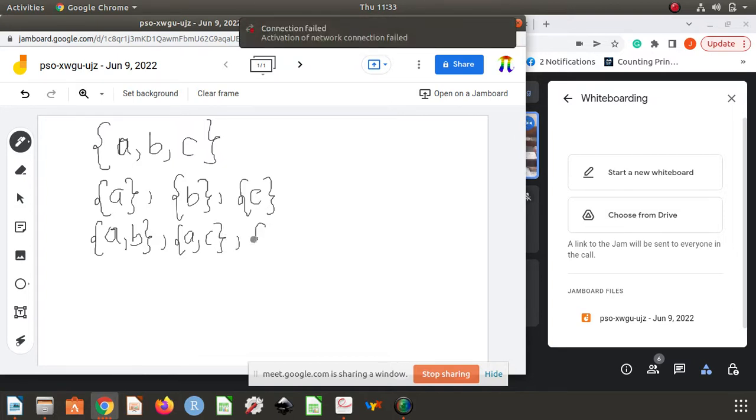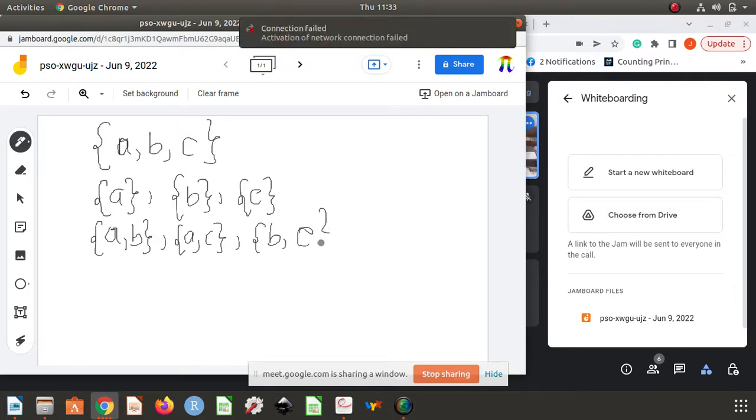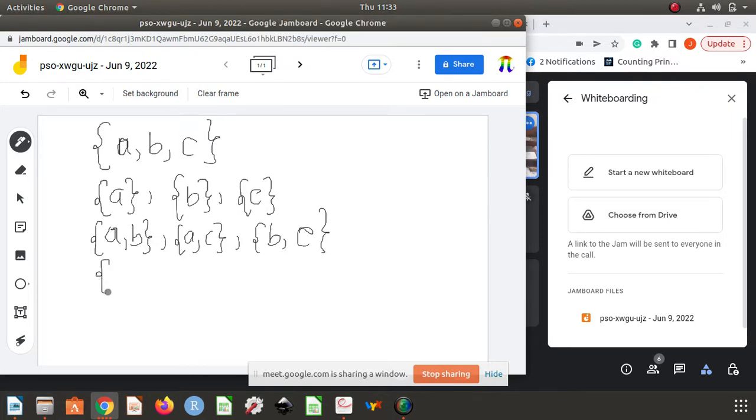Then B can be paired with C to get the final set which has 2 elements. So the remaining ones will be what? The whole set is also a subset, so this is another subset. Every set is its own subset, so it must be counted as a subset. And then the only other subset we have left out is the empty set.